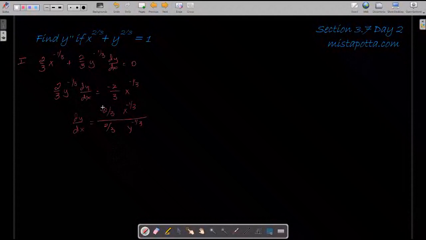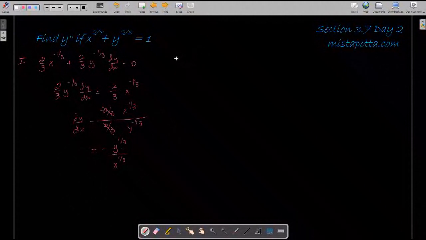And I see that I've got a common factor here. But the other thing I notice is that because both of these have negative exponents, both of these would end up being flipped. So I end up with negative y to the 1/3 power over x to the 1/3 power. So this is y prime.